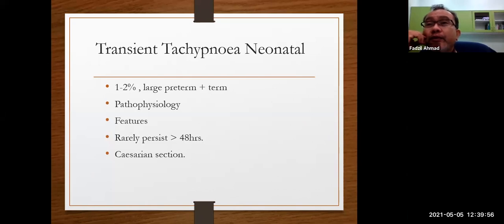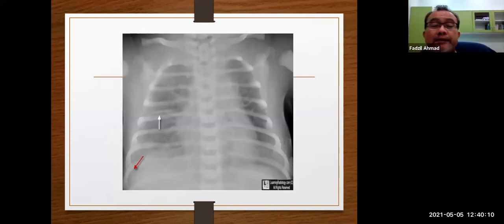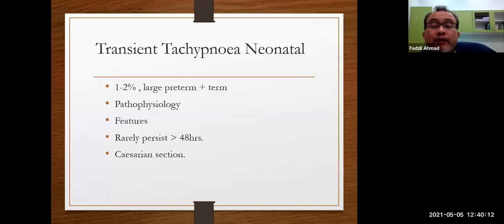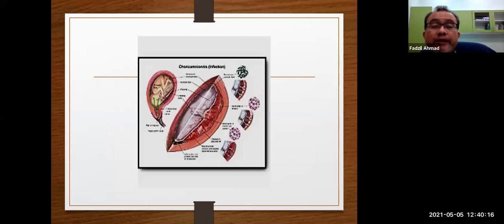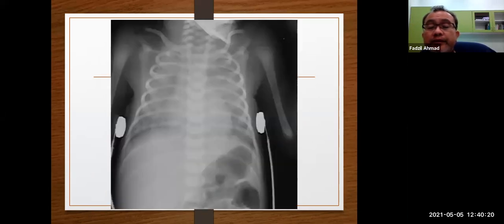Some people don't think it's necessary, some people think we need to give it. But we think that steroid we don't use for RDS per se. We use surfactant. Any other questions?